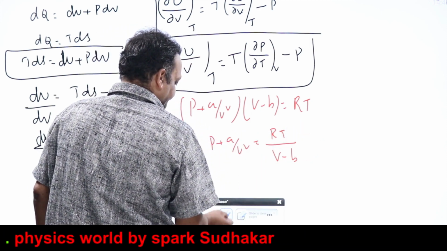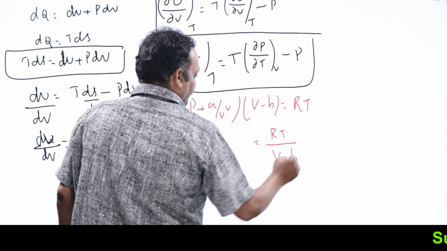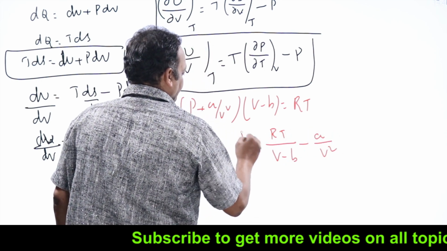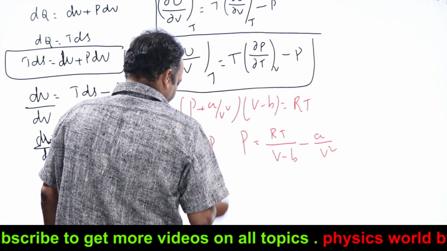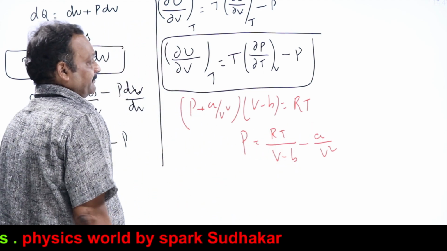This is nothing but pressure P equal to RT by V minus B minus A by V square.